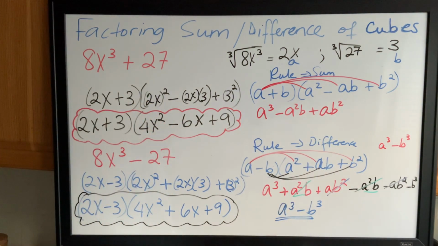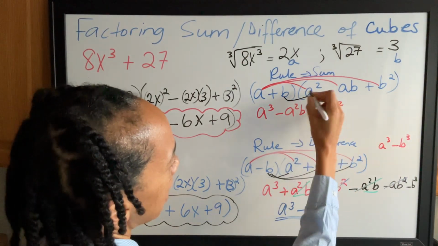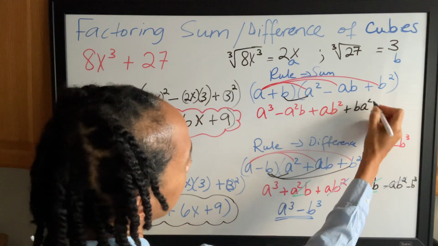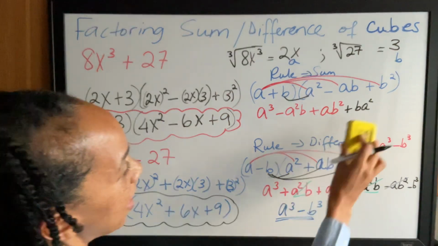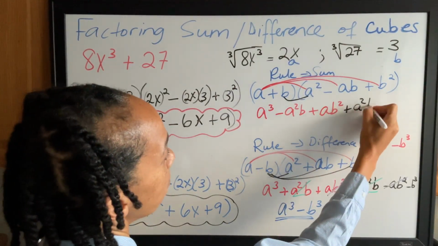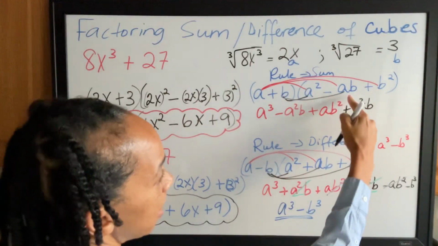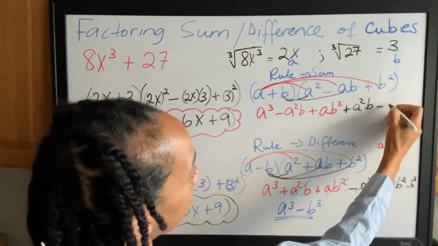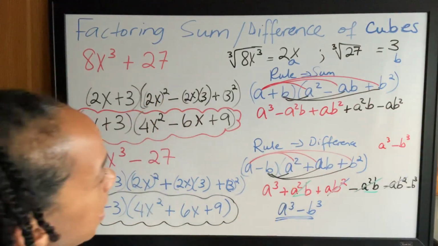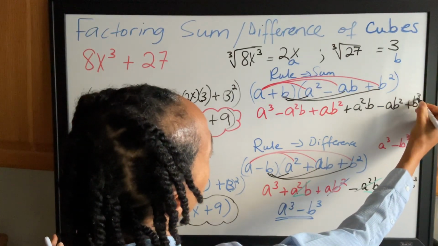Then the other part, now the underneath piece, if I'm multiplying a squared times b, I am going to get positive ba squared, which I can just simply rewrite in standard form, a squared b. And then if I multiply b times negative ab, I am going to get negative ab squared, and I multiply b with b to the second power, I'm going to get for that one a positive b to the third power.